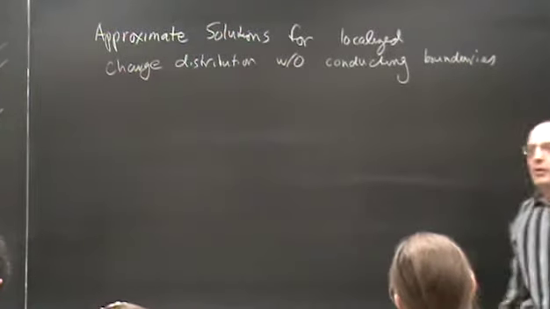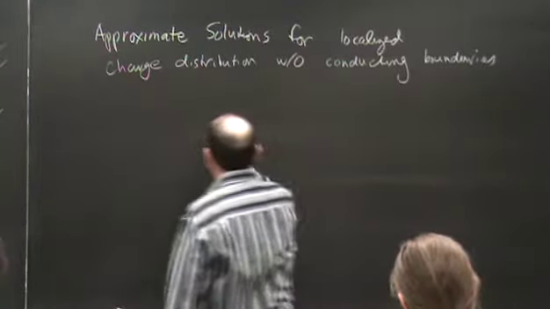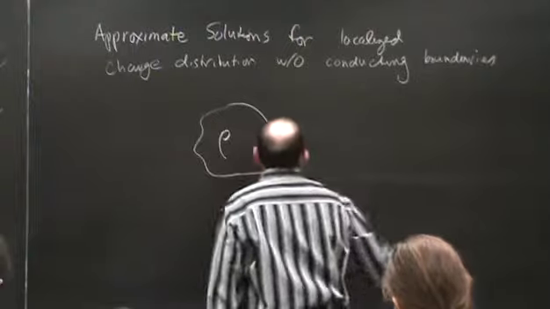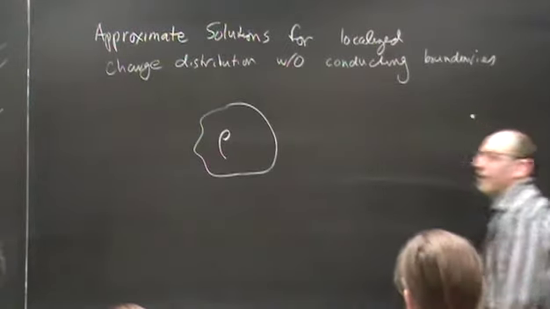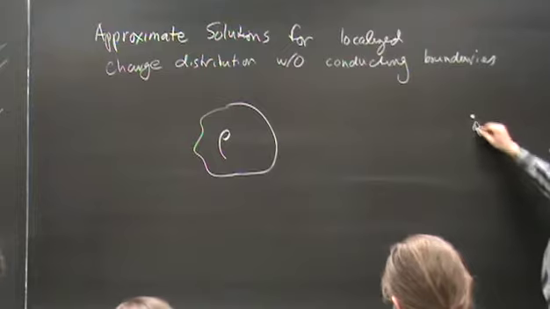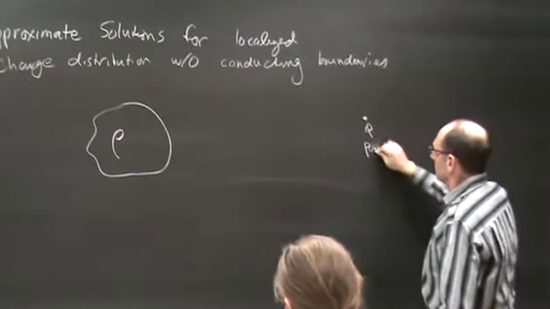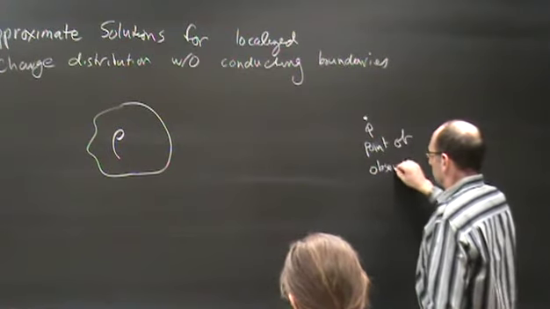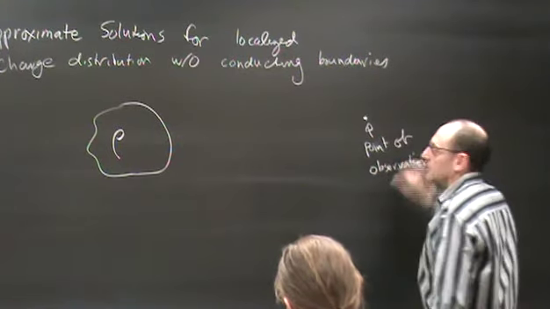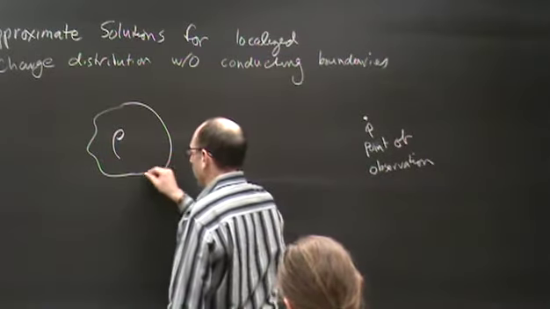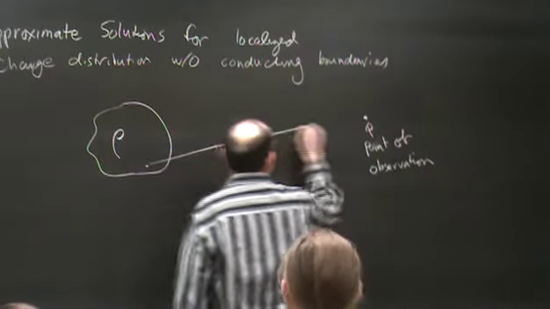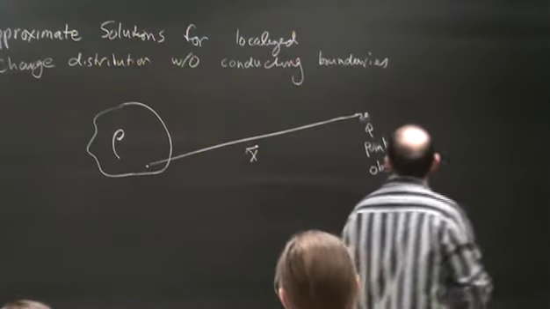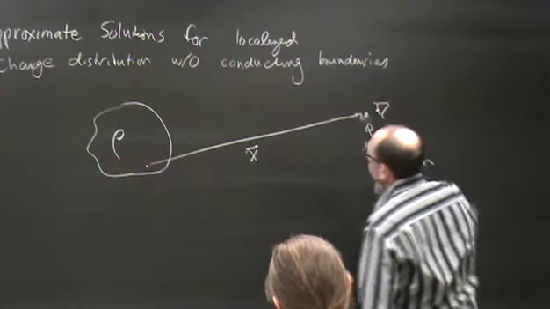Okay? So the general problem I want to look at is, suppose I have some distribution of charge, whatever it is, and we have some point of observation. Put the origin wherever I like. X is the point of observation. Here I am looking at it.